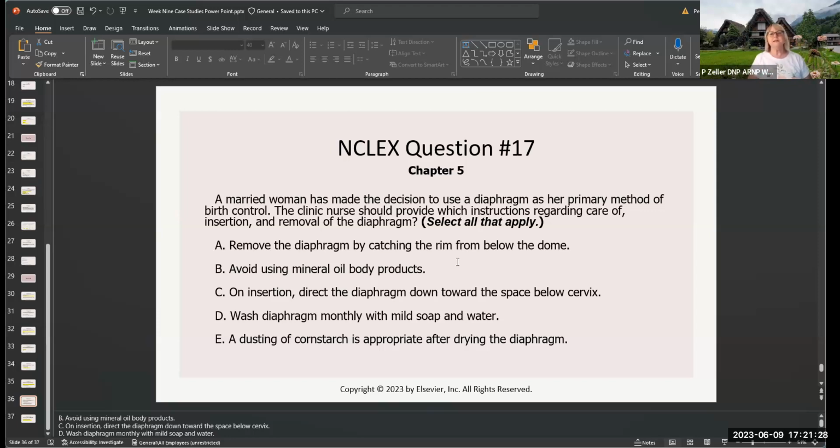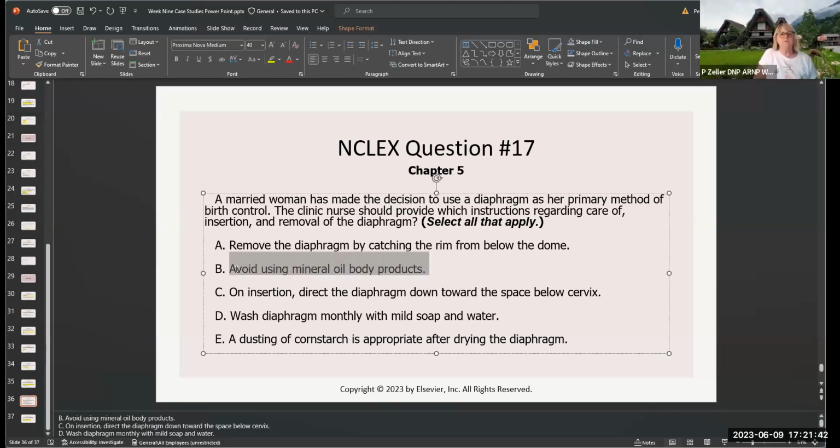Okay, so selecting all that apply when we teach about it. Which ones do you think are correct? B. Avoid using mineral oil, yeah, you don't want to use mineral oil in it. Okay, that's one.